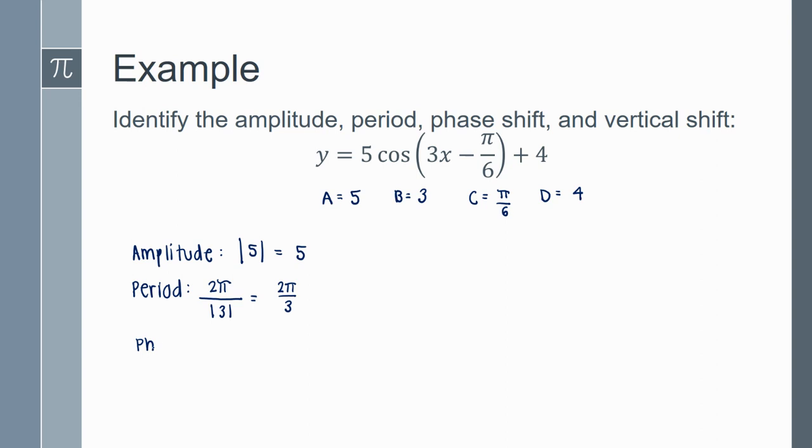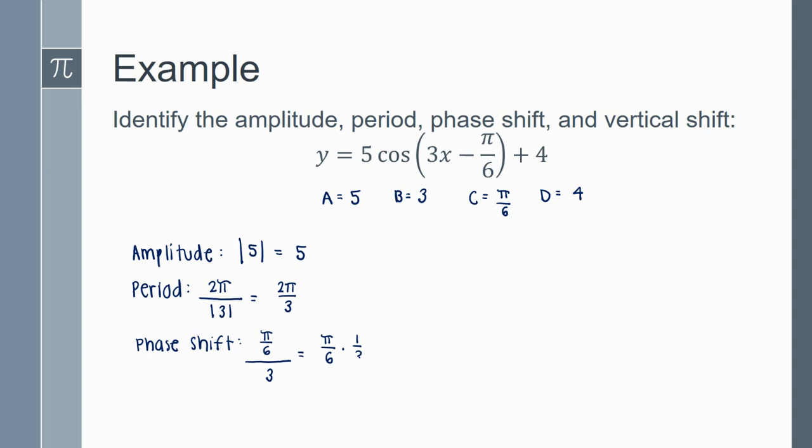Now I want to move on to the phase shift. So this is the new stuff. The phase shift, remember, I defined it as c divided by b. Our c value is pi over 6. I'm dividing that by the b value, which is 3. When I have a fraction, I can divide by multiplying by the reciprocal.